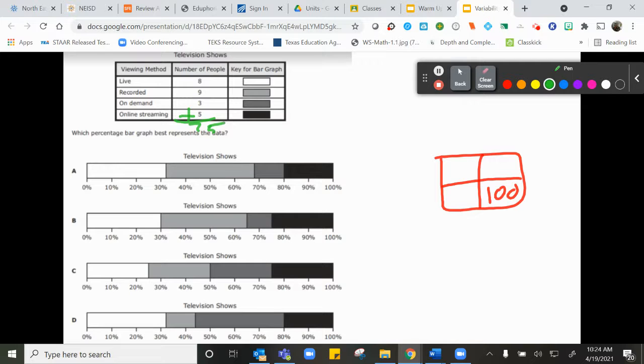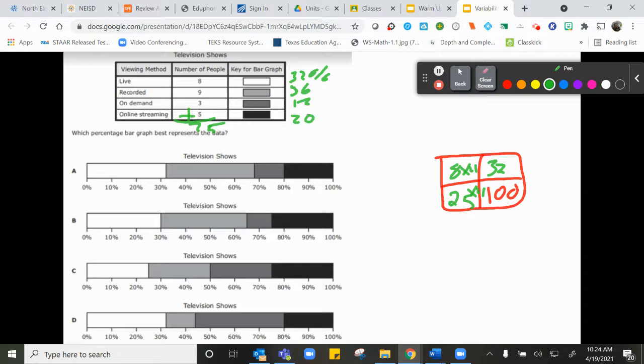I get 25. And if I start with the live viewing method, 8 out of 25 viewed it that way. Well, I see to get from 25 to 100, I'm going to multiply by 4. So I can do the same to the top, which would give me 32%. So my pattern throughout this is going to be times 4, so this will be 36, 12, and 20.